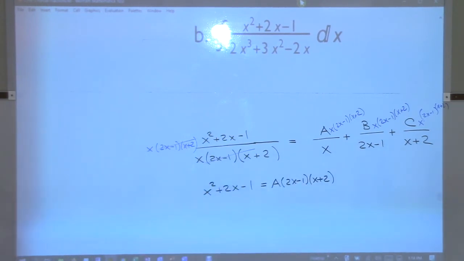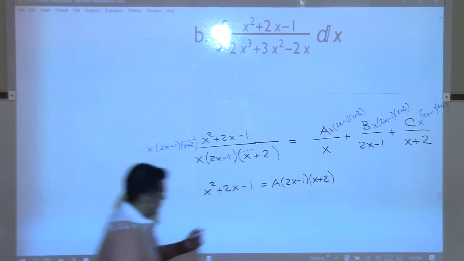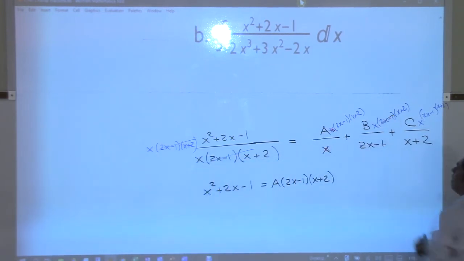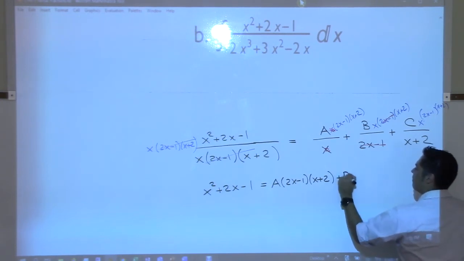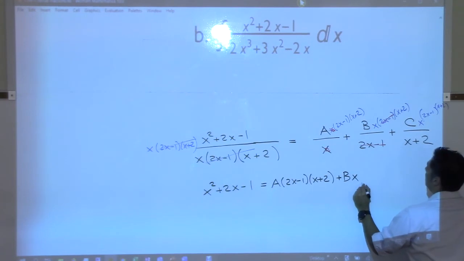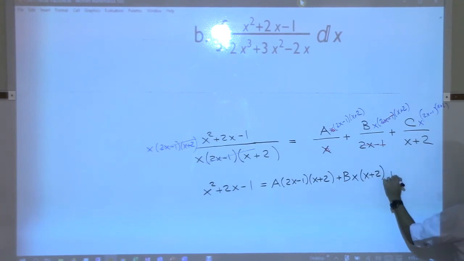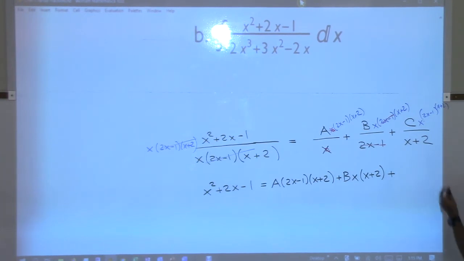The x went away on the first one. Here, the 2x minus 1 goes away, so we are left with B, and then x times x plus 2. And then on our last one, the x plus 2 goes away, so all you're left with is C times x times the 2x minus 1.